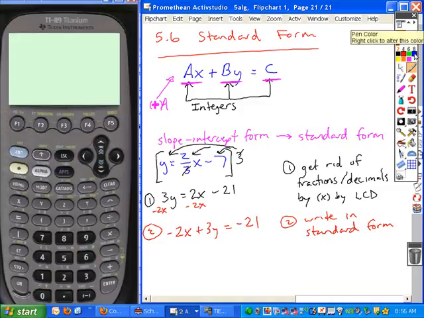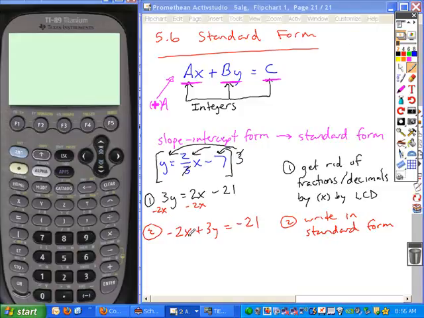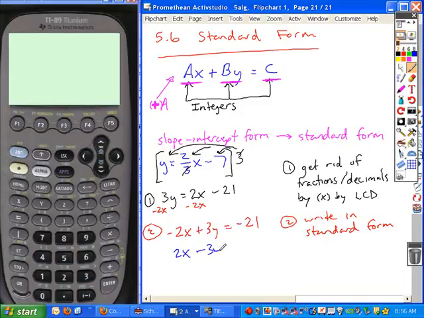Then in order to change this so that the leading coefficient is a positive number, we're just going to change the sign of every single term. So we change this to a positive 2x, to a negative 3y, and to a positive 21. This would be your standard form for this given equation.